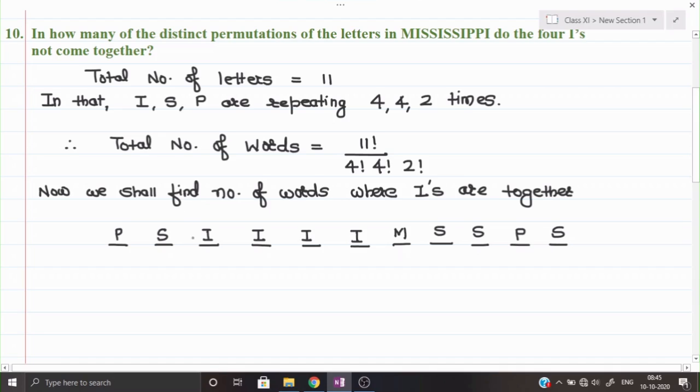Okay, now wherever these 4 I's will go, they all will go together. Right now they are starting with the place number 3rd. If they start with the place number 4, then 4, 5, 6, 7, that way they will occupy. They may start with the place number 8. So 8, 9, 10, 11, they will occupy in such manner.